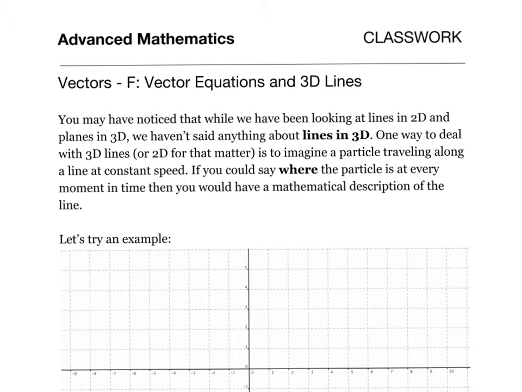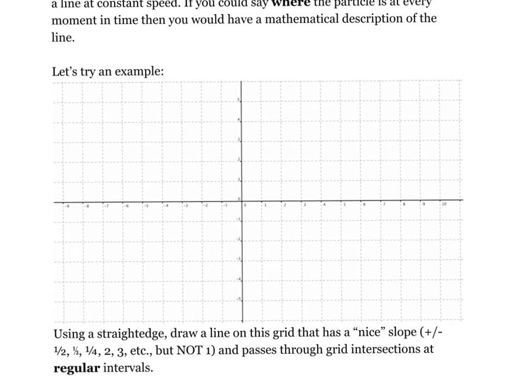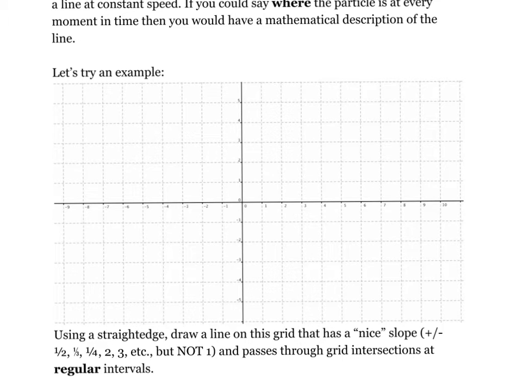So to explain this, what I want to do is work in 2 dimensions first, and then we'll try to extrapolate that to 3 dimensions. So I'm going to plot a line on this grid. When you do this, you follow the instructions at the bottom of the grid. I would suggest that you avoid lines that pass through the origin.